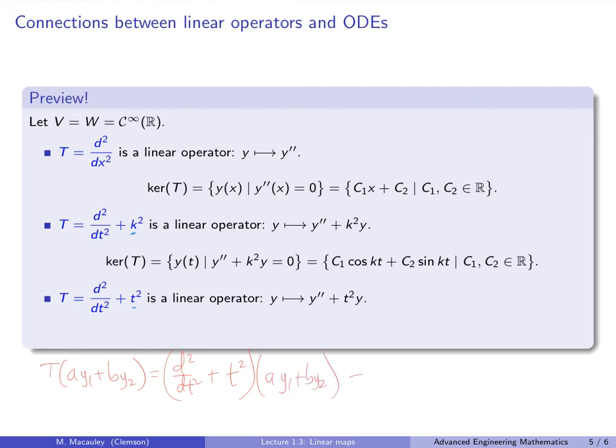And if you multiply this out, it doesn't really matter if this is a k squared or a t squared. What you're still going to get is that this is equal to a times T y1 plus b times T y2. So yes, this creature is a linear operator that inputs a function y and outputs its second derivative plus t squared times the function itself.